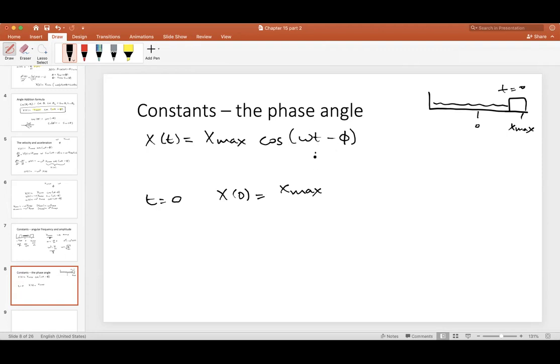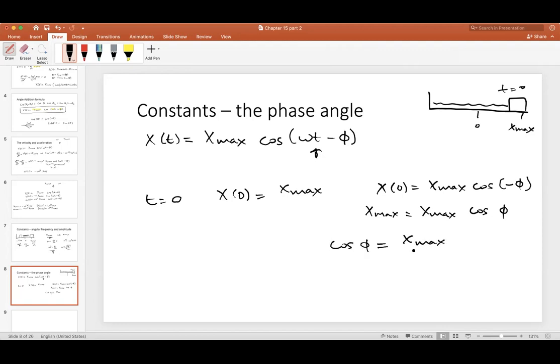Now, when t is equal to 0, this term goes away. So what we get is that x naught is equal to x max times cosine of negative phi. But we know this is also x max. And we know that cosine of negative theta is cosine of theta. Therefore, cosine of phi has to be x max over x max, or writing it a little better, x at time 0 over x max.